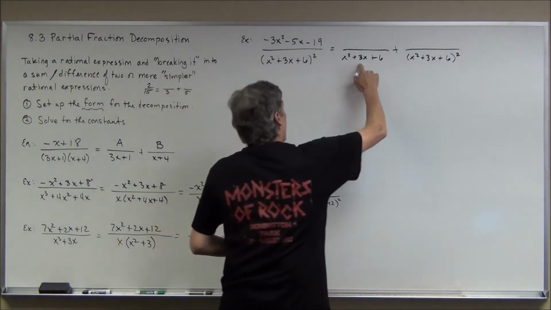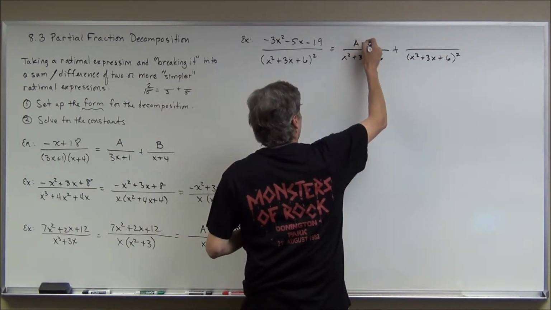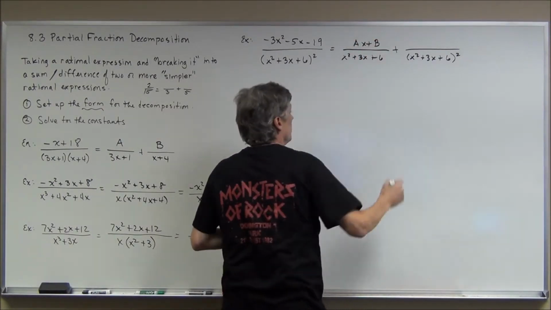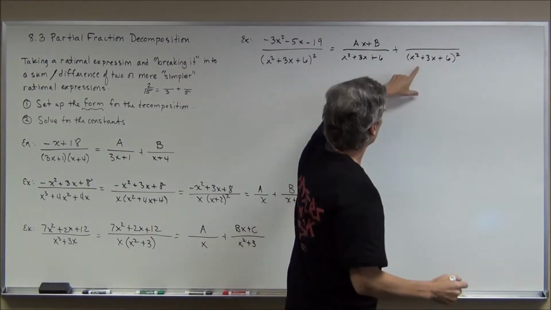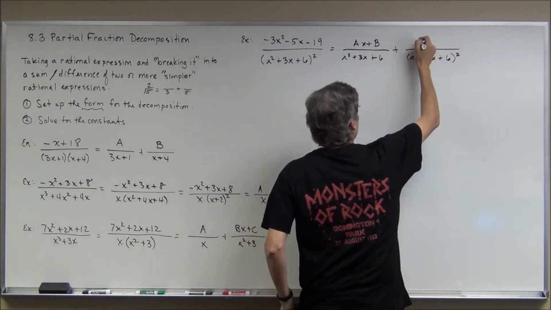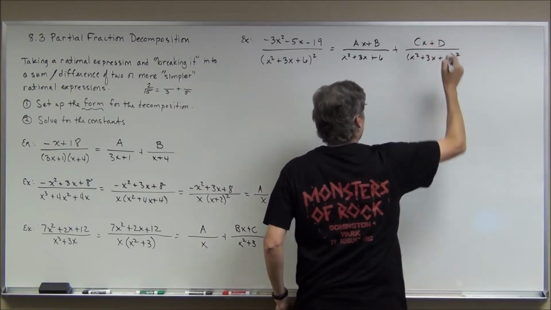Now this is quadratic, so this has to be quadratic, ax plus b. And even though this is technically to the fourth power, my factor is quadratic, so I don't want to use a and b again, so I'll use cx plus d.